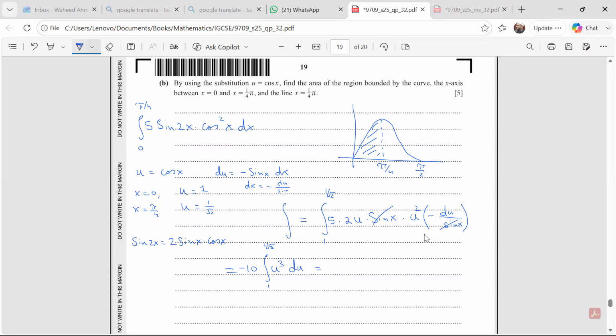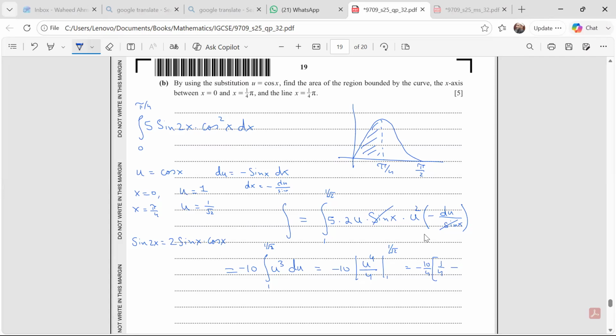So this is minus 10, and it's u power 4 over 4, from 1 to 1 over under root 2. So I can take minus 10 over 4. When I put in the upper limit, 1 over under root 2 to the power 4 becomes 1 by 4. Am I right?